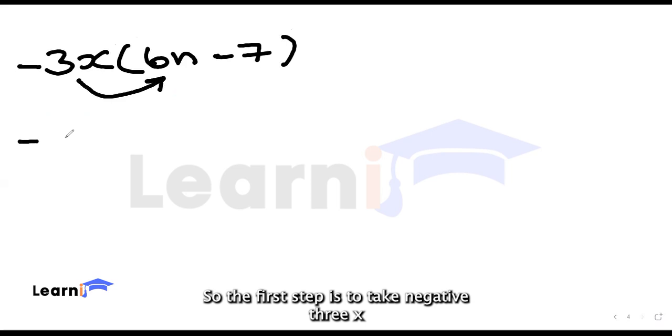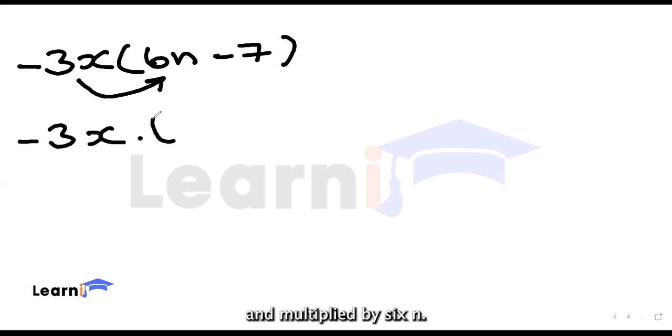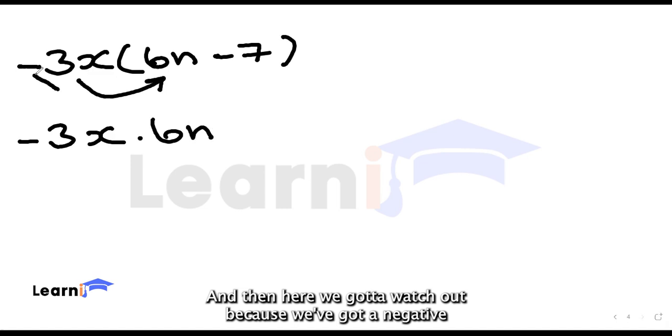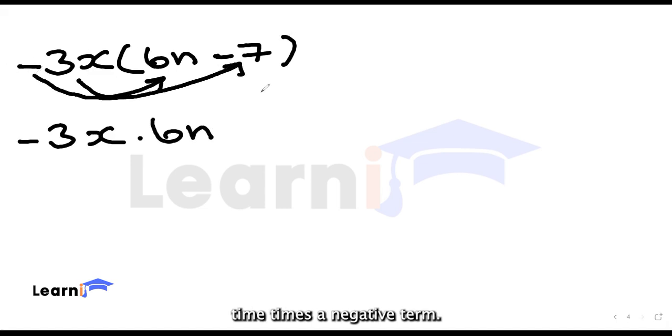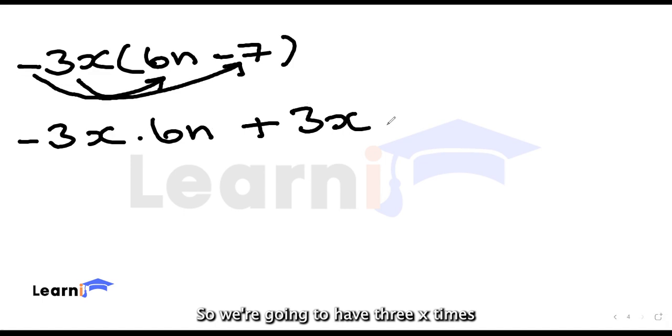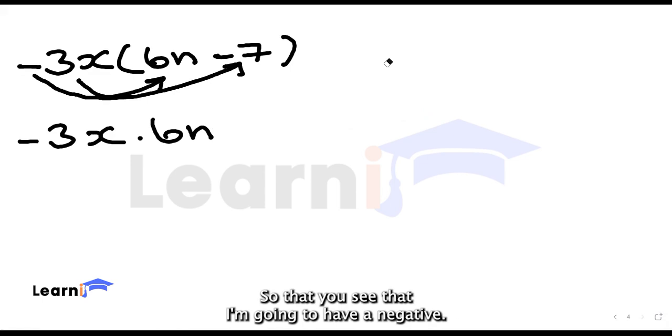So the first step is to take negative 3x and multiply it by 6n. And then here we got to watch out because we've got a negative term times a negative term, and it's going to become a positive.